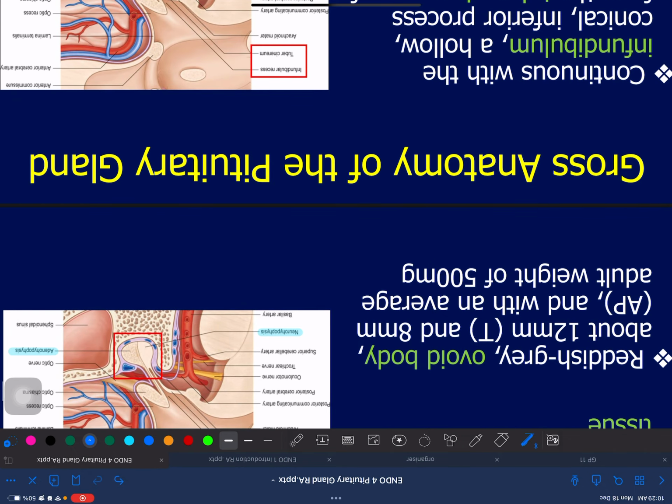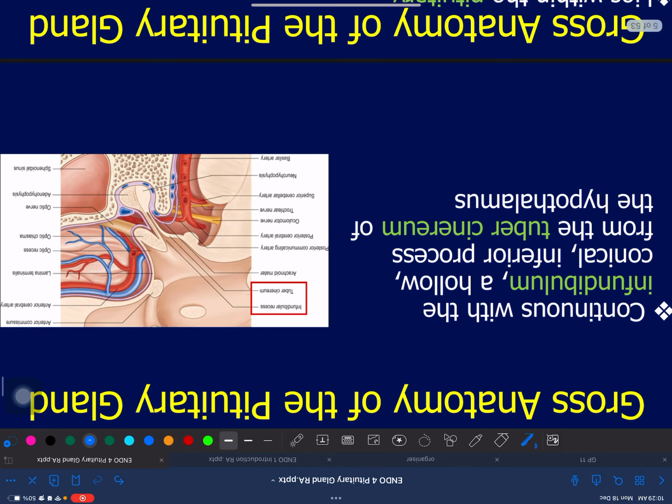Okay, continuous with the infundibulum. This is the infundibulum, a hollow conical inferior process from the tuber cinereum of the hypothalamus. Hypothalamus ni ada banyak parts.